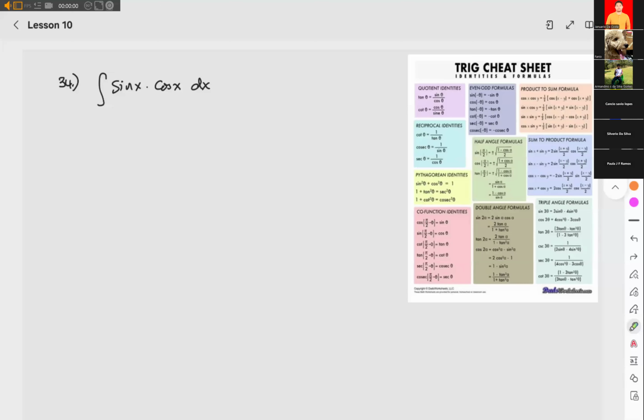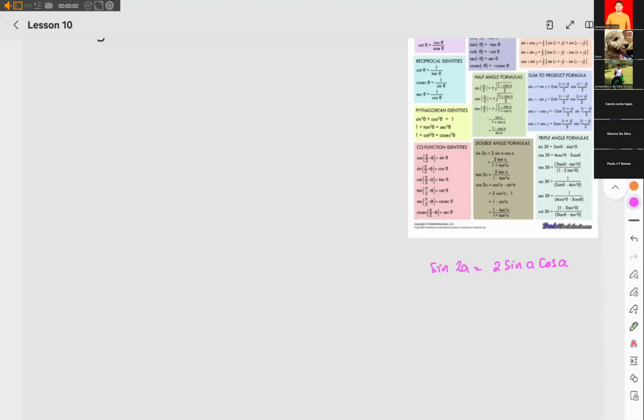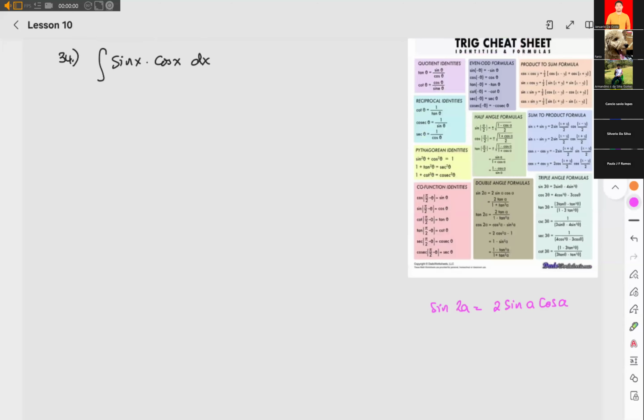So the double angle is written as sine of 2a equals 2 sine of a cosine of a. Now I can also rewrite this as sine of 2a over 2 equals sine of a cosine of a. This is correct, right? Yes, this is the same expression.